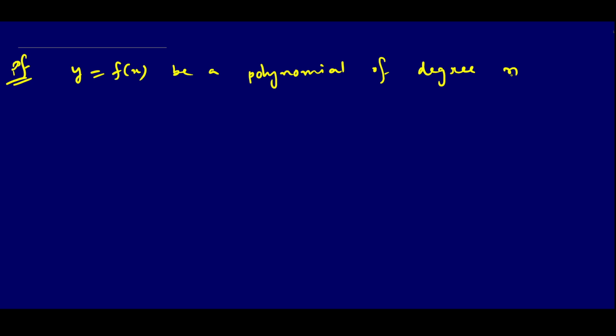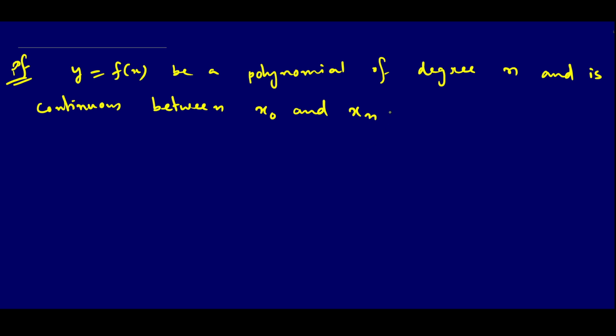Continuous between x0 and xn means that from x0 to xn, whatever value you put in the function, it will never be undefined.